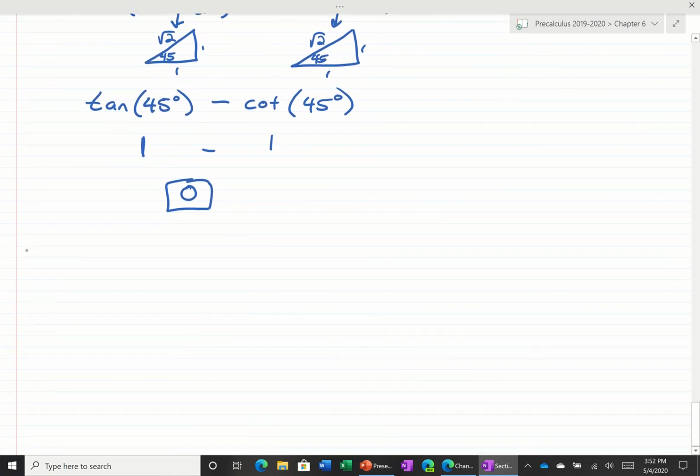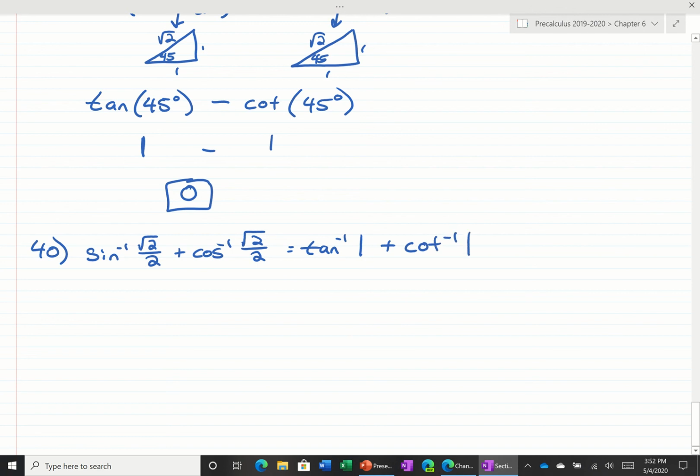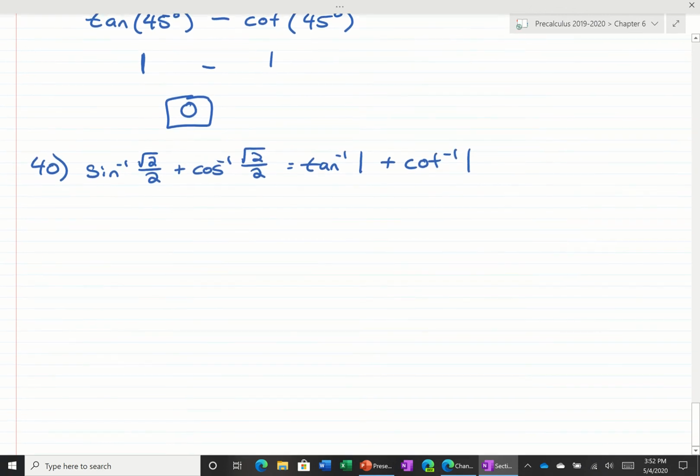And then our last problem, number 40. It's asking to show how the inverse sine of root 2 over 2 plus the inverse cosine of root 2 over 2 is equal to the inverse tangent of 1 plus the inverse cotangent of 1. Let's do it piece by piece. What's the inverse sine of root 2 over 2? We just saw this. This comes from our 45, 45, 90 triangle. So the sine of 45 degrees would give us root 2 over 2.